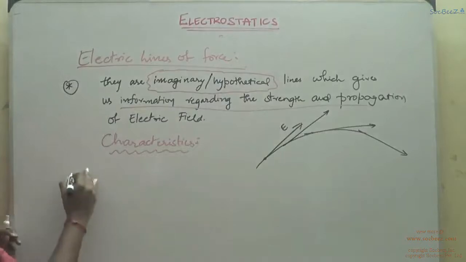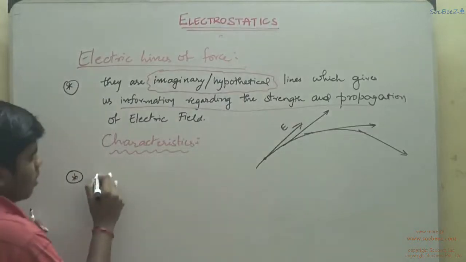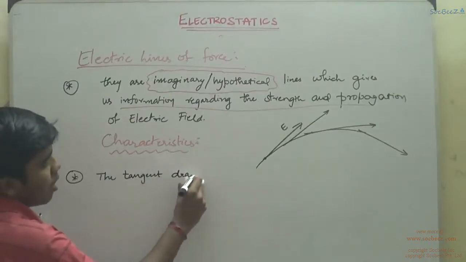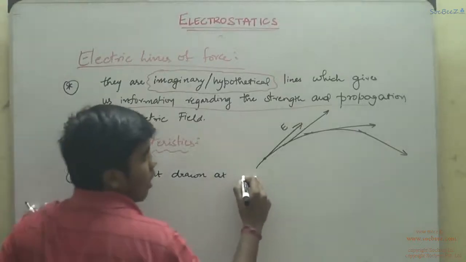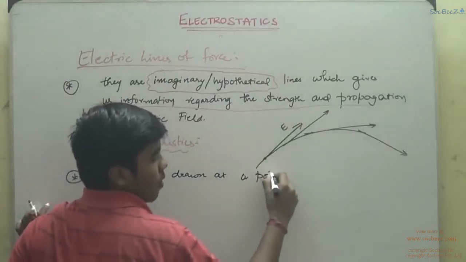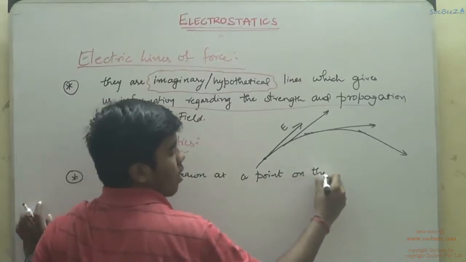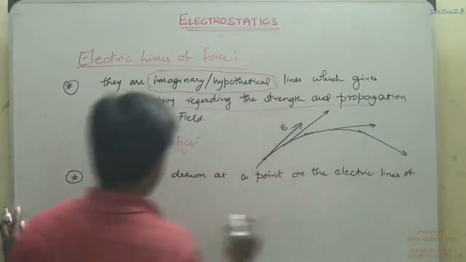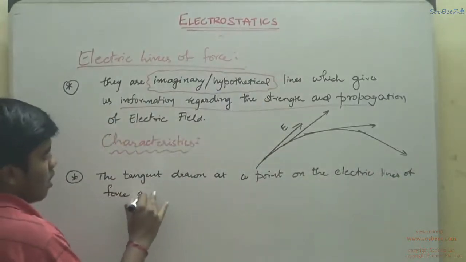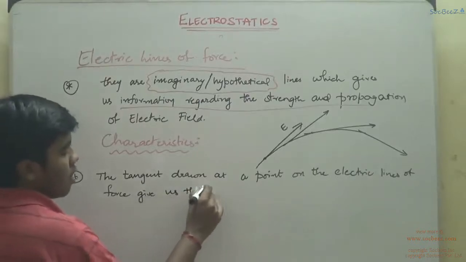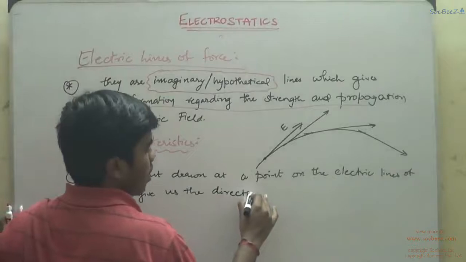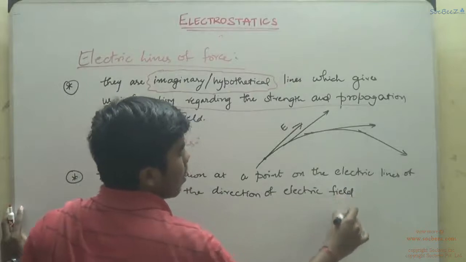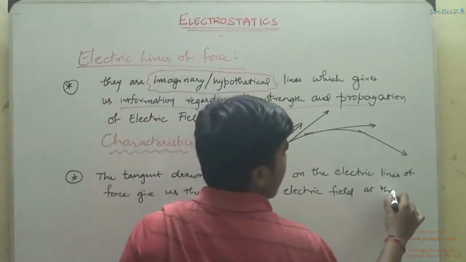So, the tangent drawn at a point on the electric lines of force gives us the direction of the electric field at that point.